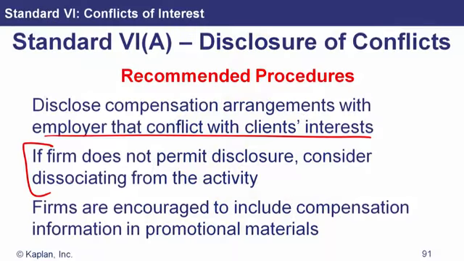Firms are encouraged to include compensation information in promotional materials, and you've seen this become more and more embedded in our industry. If you read a research report, somewhere in there it's going to have some sort of disclaimer about how whoever wrote this report is compensated, some basic outlines. So you've seen this permeate practice more and more over recent years.